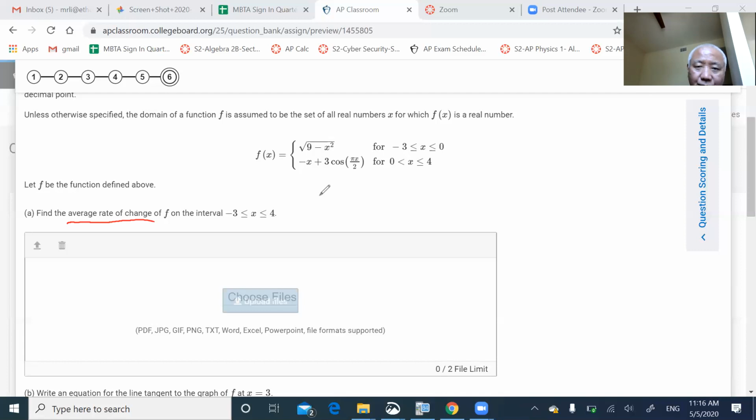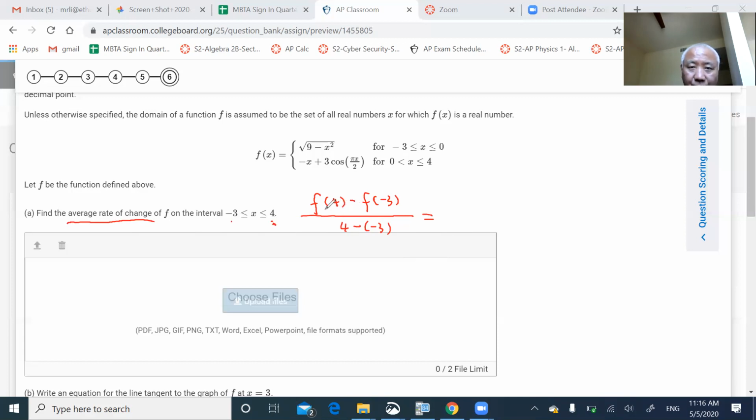Average rate of change equals f at the end, minus f at the beginning, f(-3), divided by the final x coordinate minus the initial. So that's called the average rate of change.